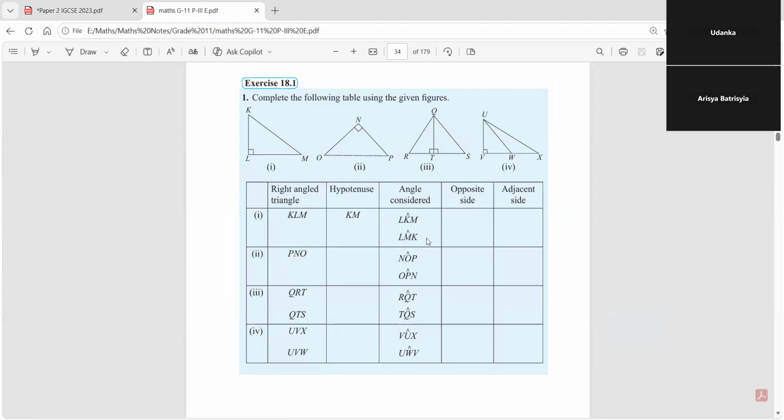Look at it. If I consider one triangle like here, you should know these things. Don't worry.